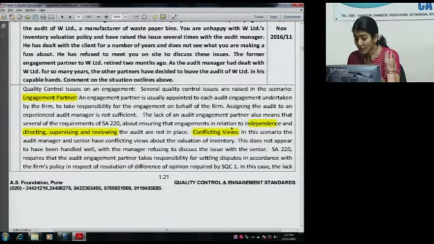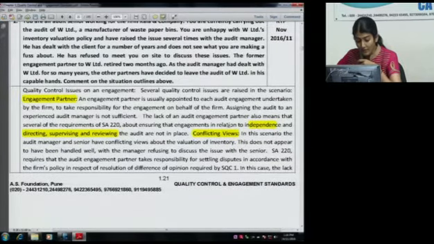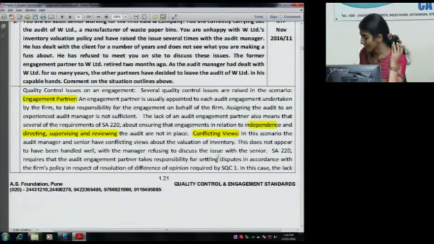Then conflicting views. In this scenario, the audit manager and the senior have conflicting views about the valuation of inventory. This does not appear to have been handled well, with the manager refusing to discuss the issue with the senior. SA220 requires the audit engagement partner to take responsibility for settling the disputes in accordance with the firm policy in respect of resolution of differences required by SQC1. And we said the report is not to be released till the matter is resolved.